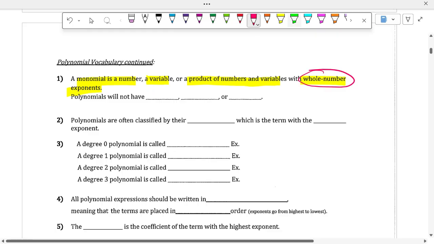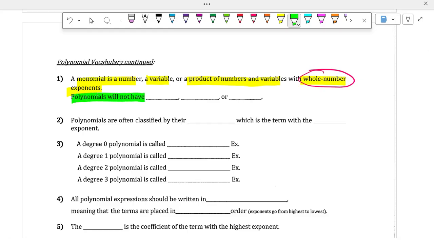So, polynomials cannot have fraction exponents. They cannot have root coefficients.